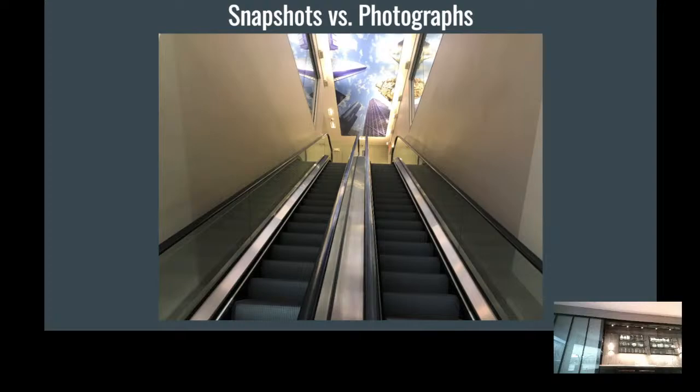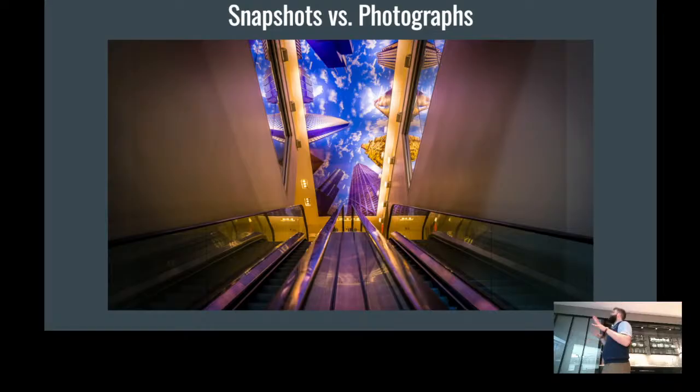Where a photograph comes into it is that there's more thought process. So this photo I have here uses the same camera in both of the two examples I have. This is the snapshot I took with my camera. This is the photograph I took with my camera. Now you might be saying, how did you change from one to the other? Well, I looked at things like my focus parameters, and I made sure that I had a center single point focus.